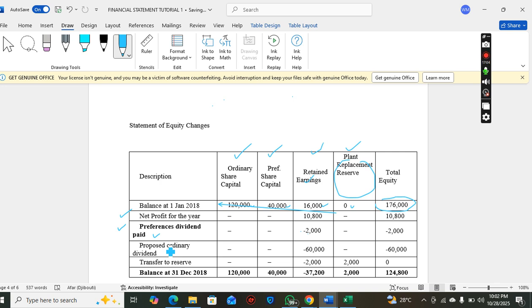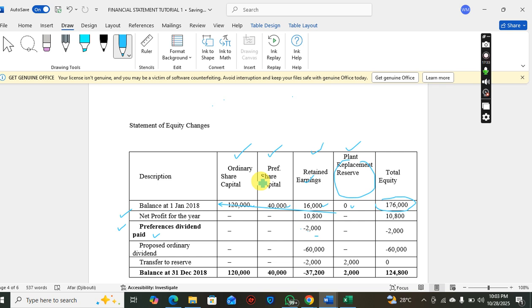So preference dividends that have been paid are removed from retained earnings. Please do not remove it from the preference share capital. Even if it's, let's say, ordinary dividends paid, don't remove from ordinary share capital. Most of these you find they're affecting the retained earnings.